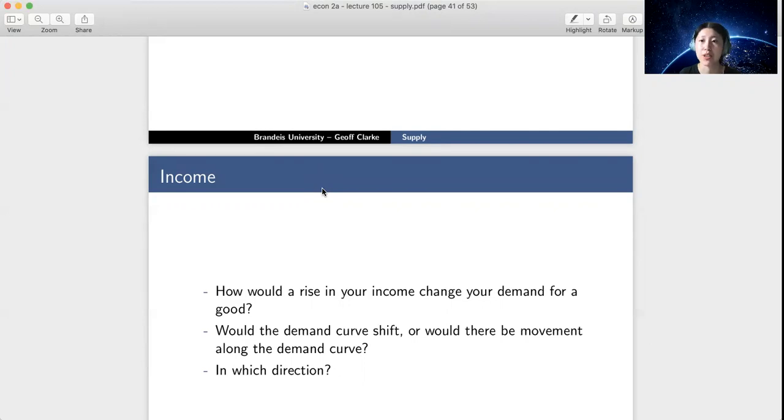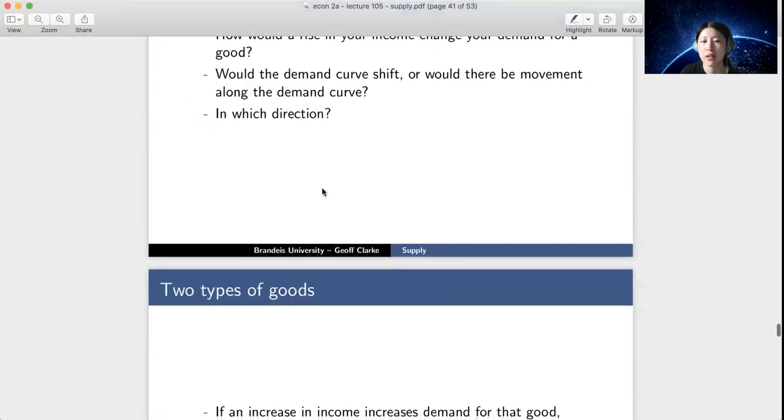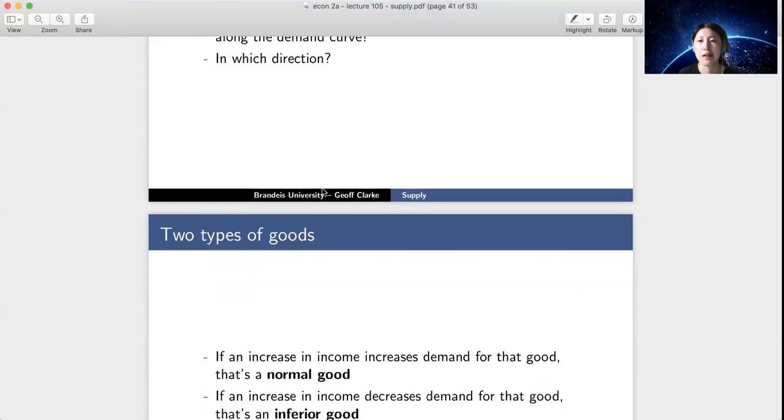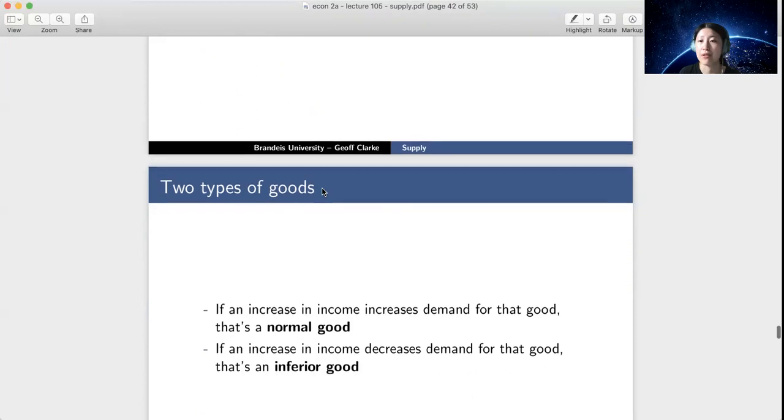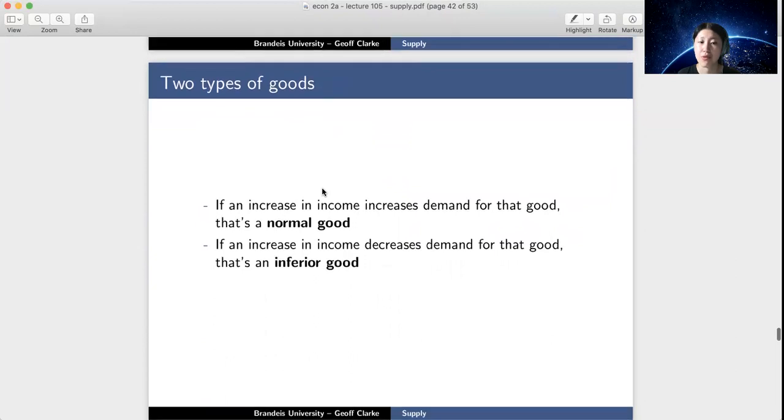So to help us answer this question, we now formally introduce the definition of the two types of goods: normal goods versus inferior goods. The definition is very straightforward.